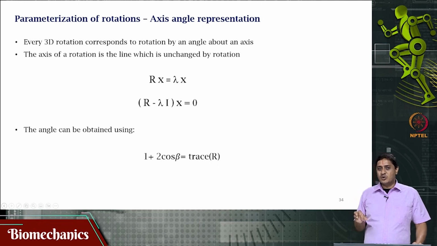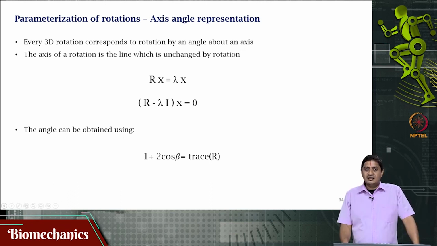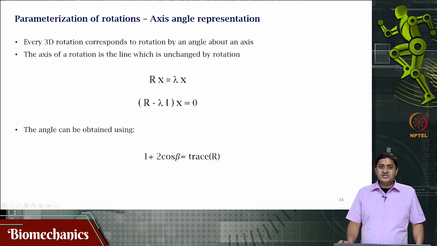Here I am talking about the net rotation, the total rotation happening about an axis, and the angle that it rotates about is the net rotation. For example, I can represent this rotation as a combination of three rotations in the three axes. The question is, how do I find the axis of rotation?